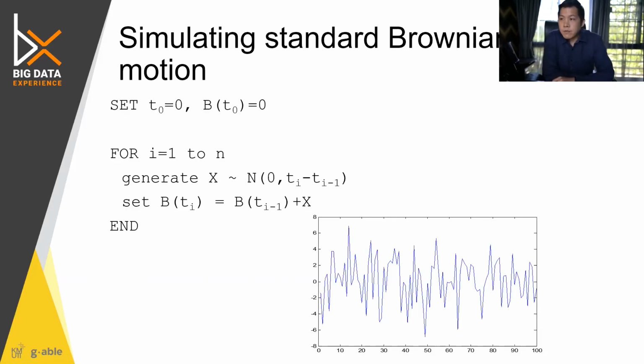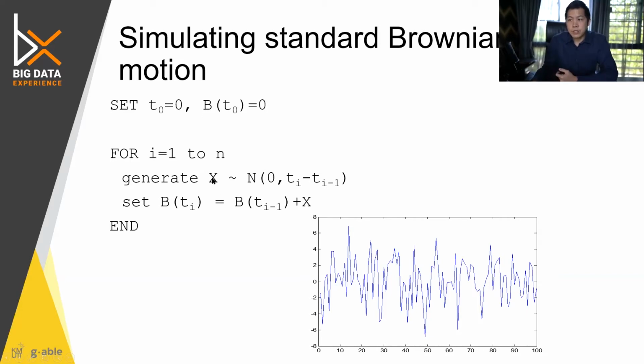So to do that, if you write a program in a programming language, this is in MATLAB, but I think it's a good pseudocode here. Actually, it's not in MATLAB, it's pseudocode. You need to set the initial position, t0 equals 0, Bt0 equals 0. And then from that, we can iterate, right?